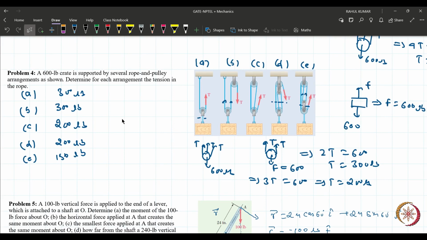Sir, actually, I missed a few problems, so will I get that PPT if you share it? Actually, it will be very difficult to share the PDF, because how will I share it to a personal account?